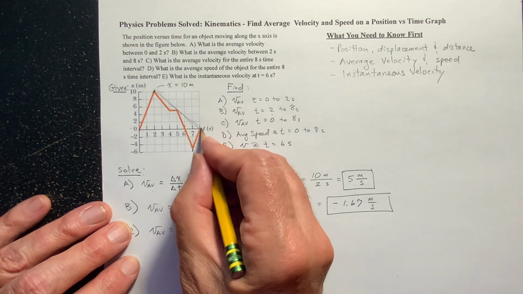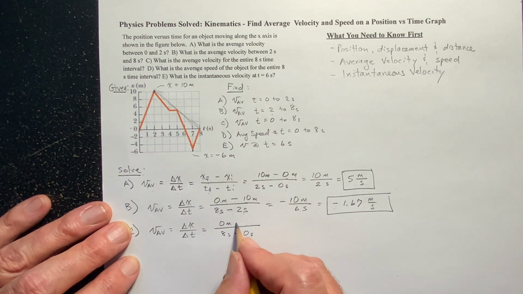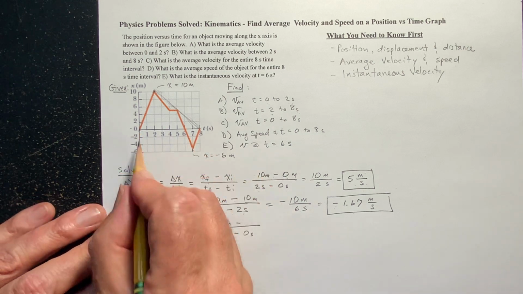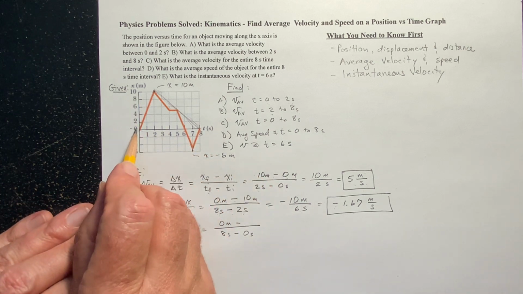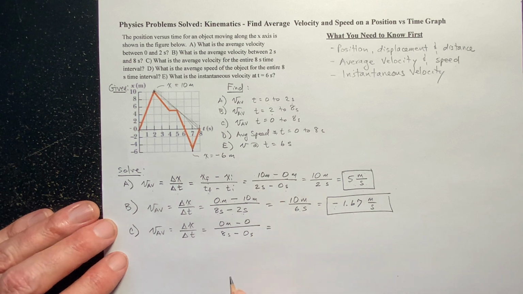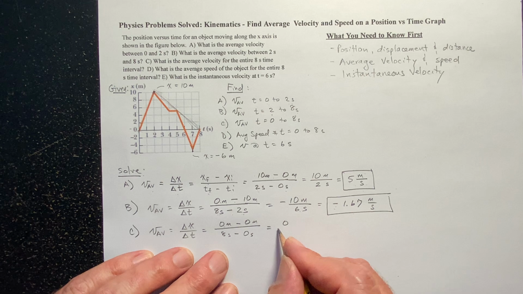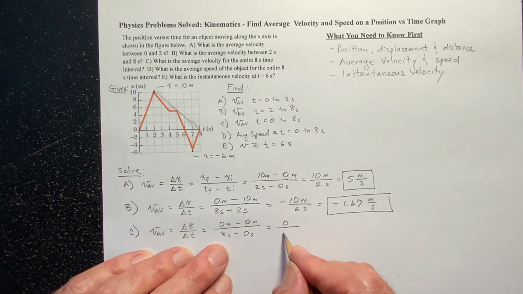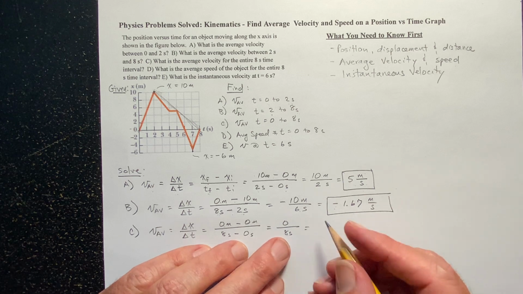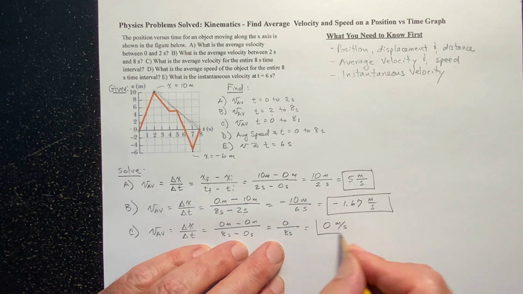And then at 8 seconds, my position is 0 meters, minus my initial position, well, my position on the x-axis when t equals 0 was 0. 0 minus 0 is 0 over 8 seconds, but 0 divided by 8 is 0. So 0 meters per second, right?